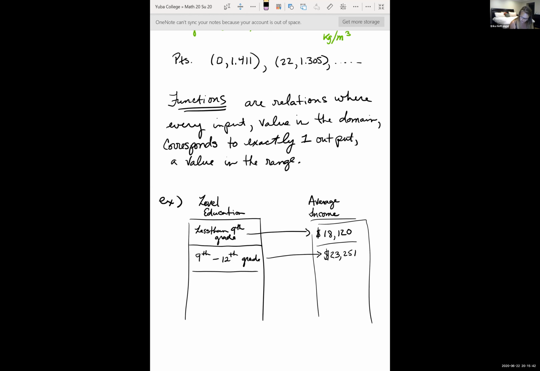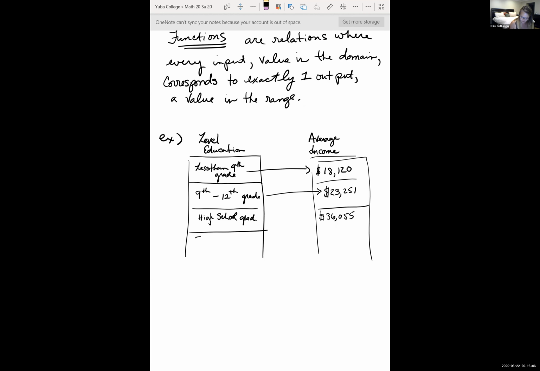High school graduate was $36,055. Some college is $45,810.